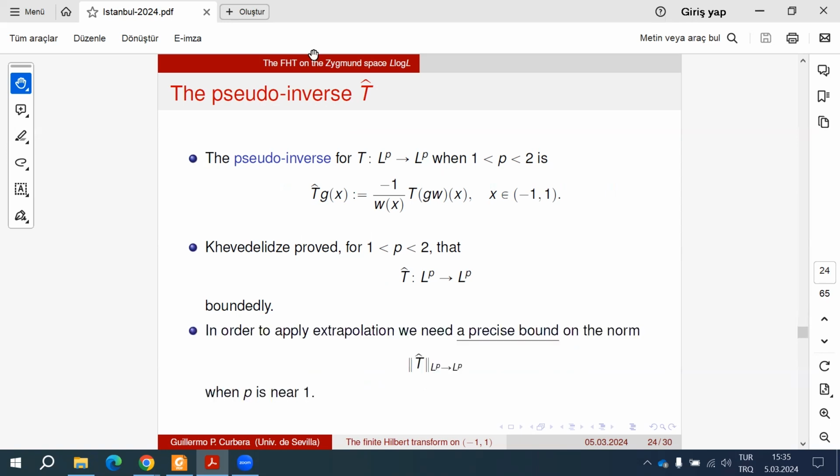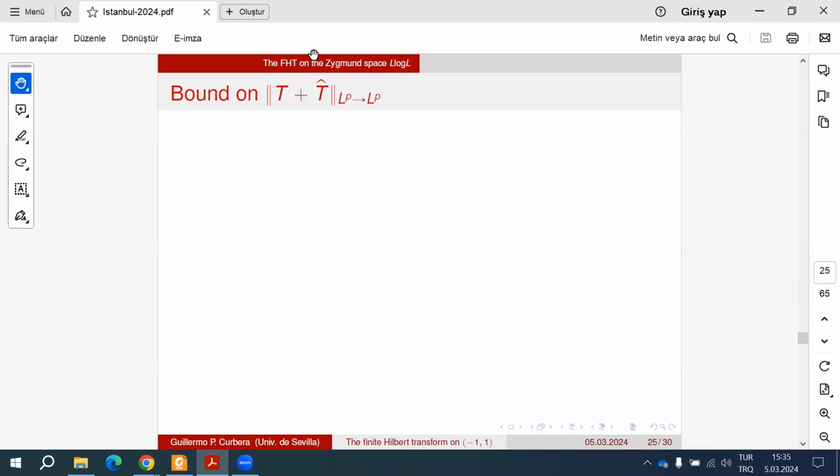We're going to use extrapolation, which is a very important thing. For extrapolation, we need not only that it's bounded, we need a concrete bound on the norm, in this case when P is near one. Then the strategy, which really comes from the ideas of Hilbert, is to study T plus T hat.